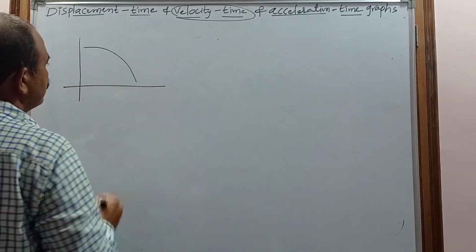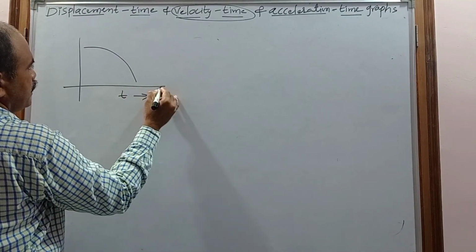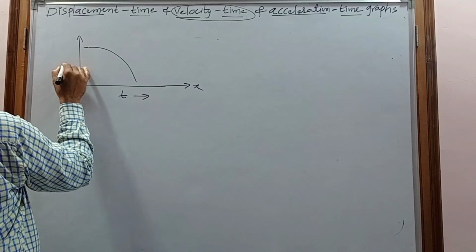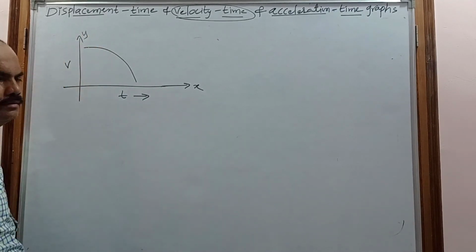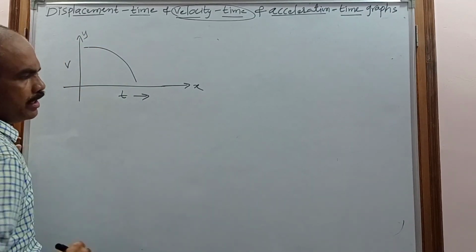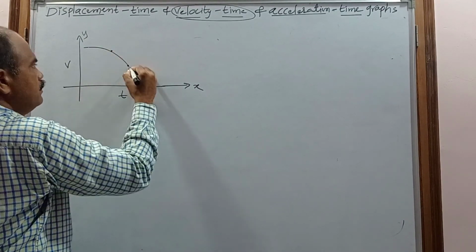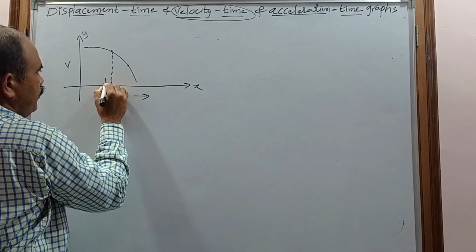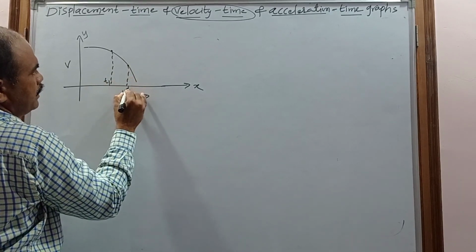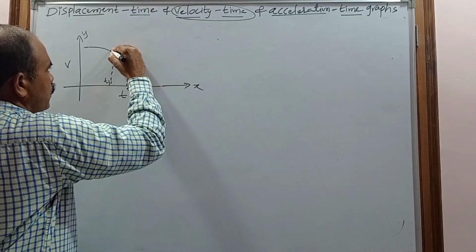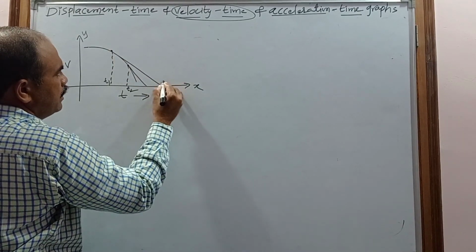By taking time on the x-axis and velocity on the y-axis, to explain which type of motion this graph represents, I am taking two tangents, one at time t1 and another at time t2. If I draw the tangents, both make an angle greater than 90.